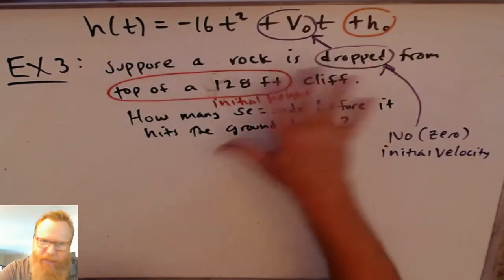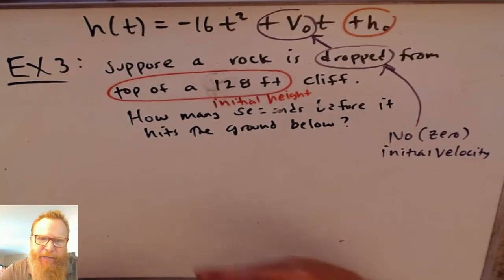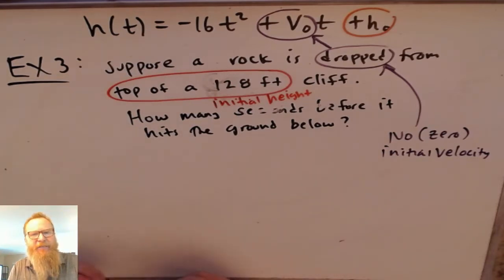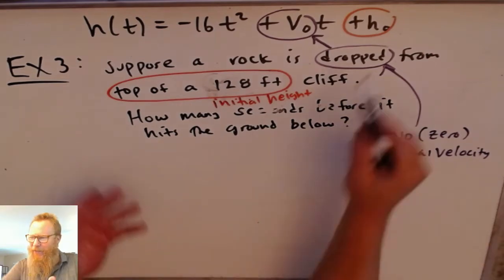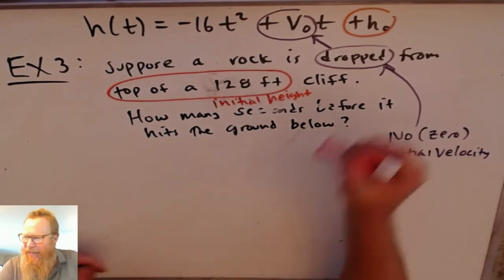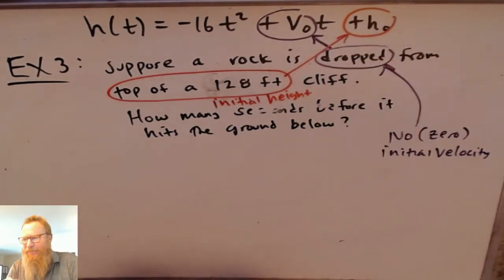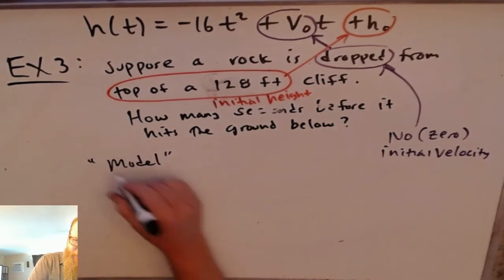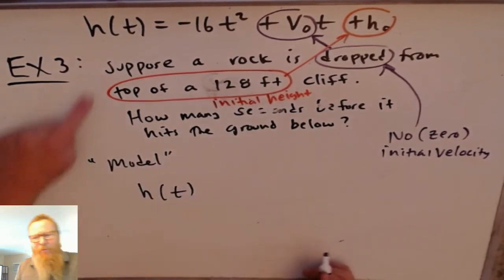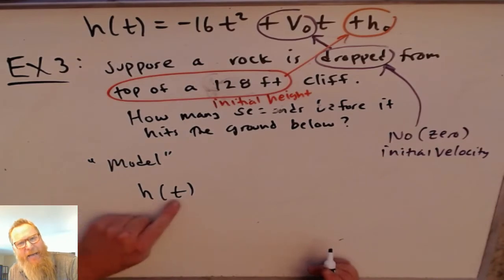I just want you to get the right answer and move on and have some mathematical understanding, not a purely scientific physics understanding of how this works. I just want you to be able to put everything where it goes. So that goes there into H0. So you have your model, H of t, which we really read as the height at time t.